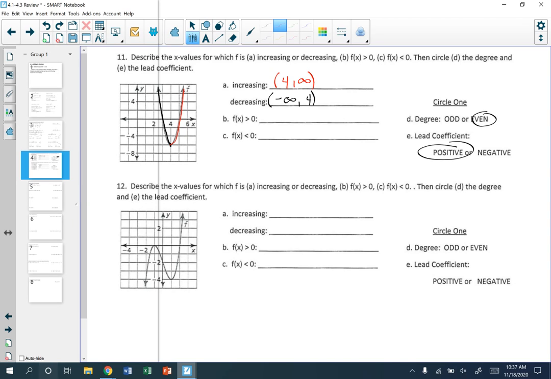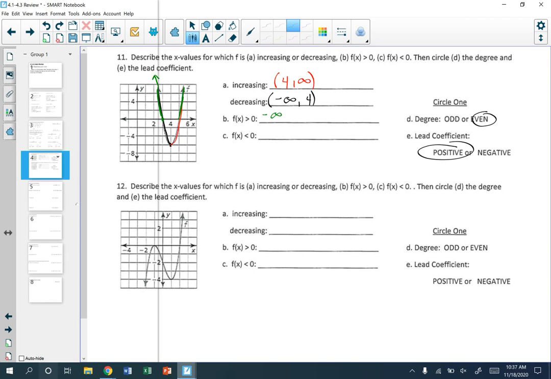Now, where is f of x greater than 0? So wherever my graph is greater than 0, so above the x-axis, right, which is right here and right here. Right there are the places that f of x is greater than 0. So those need to be written as intervals. So from negative infinity, right, because this is going to be going forever up.